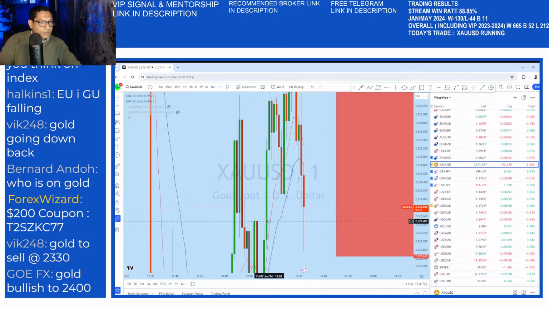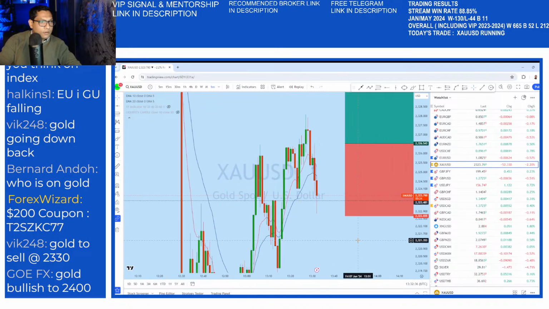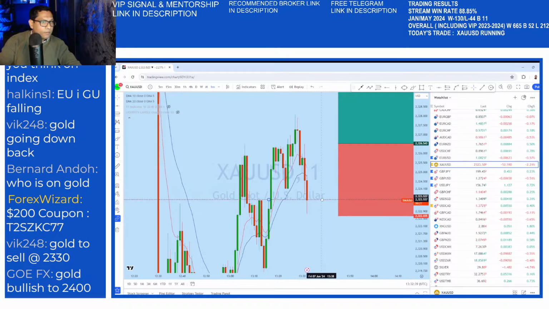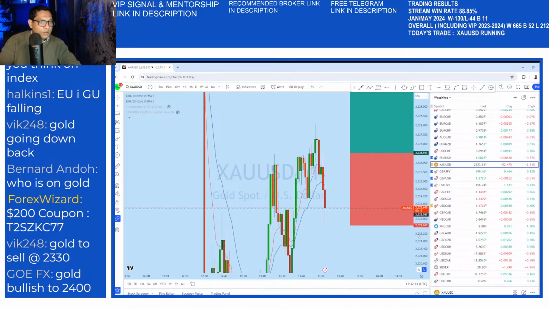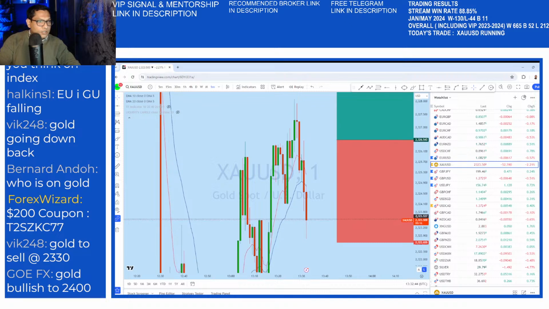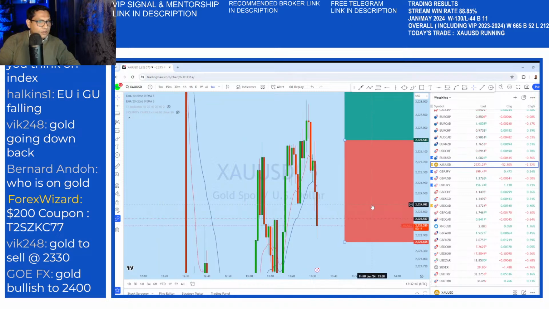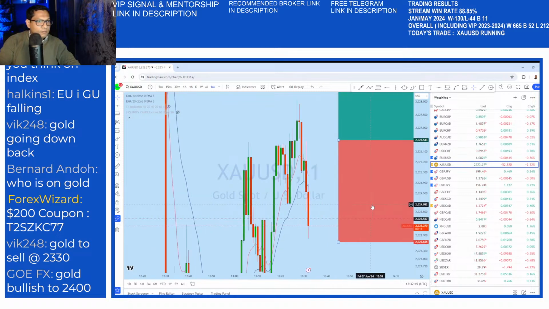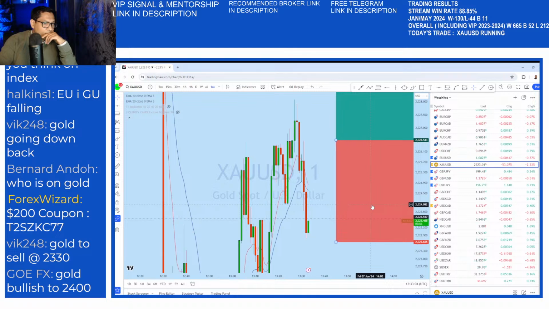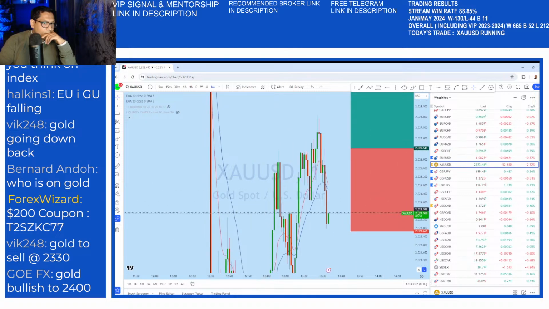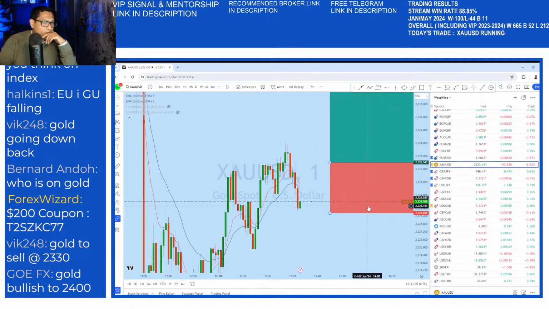So this is an order block. It's an order block now. So 1 minute candle. Let's see if it is still. Okay, it's penetrated the order block.